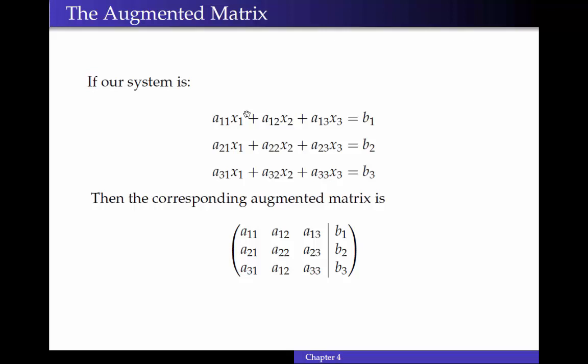So if our system is written like the one here, where the x variables are the unknowns, then we're going to take the coefficient numbers and put them in a coefficient matrix. And then we're going to draw this vertical line and also let that matrix contain the right-hand side values. So again, all the numbers that we see in a system of equations is going to be written in our augmented matrix.